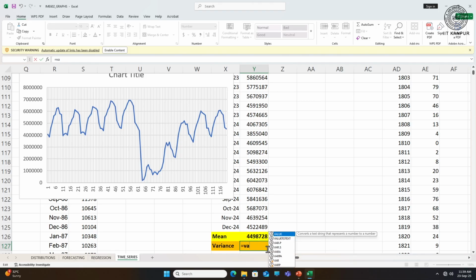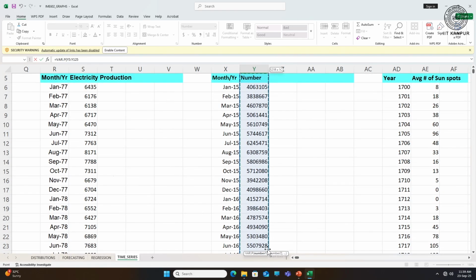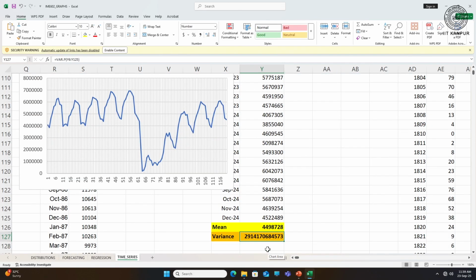Let me check. VAR.P, yes, I am doing it right. VAR.P, yes, I have to use the small one, not the capital. So, this is the variance.